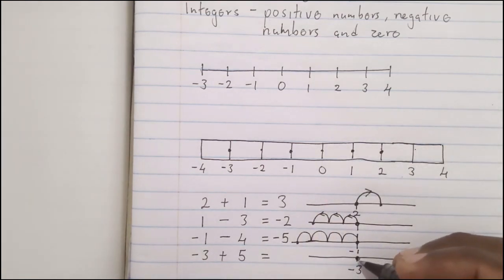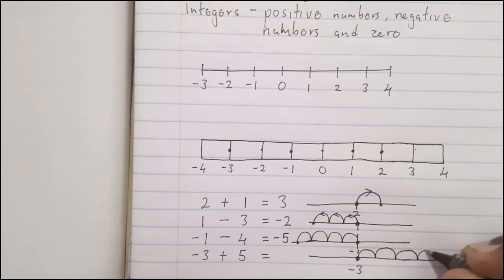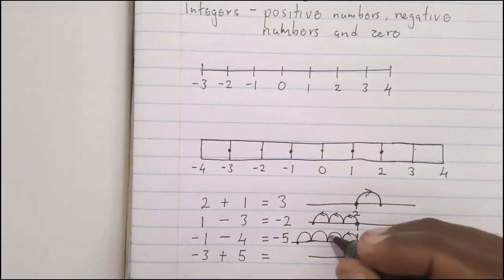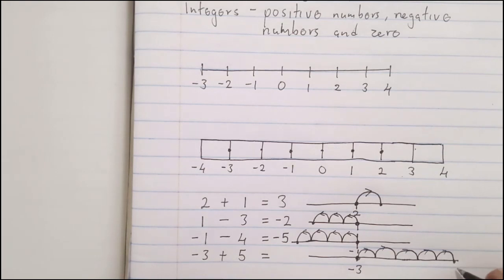Now what to do? We go 1, 2, 3, 4, 5. So of course the arrows are going like that. And the question is, where do we end up?